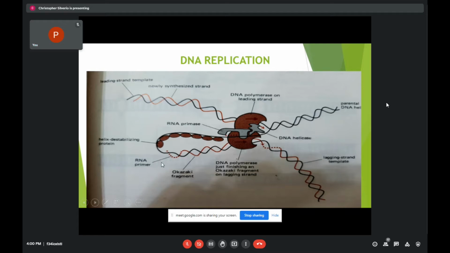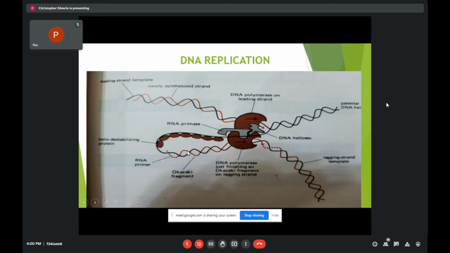And now the RNA primer will be synthesized by the enzyme primase. This is now the RNA primer. And then what will happen? The DNA polymerase will bind into this RNA primer, and then will start synthesizing the new lagging strand from this template strand.